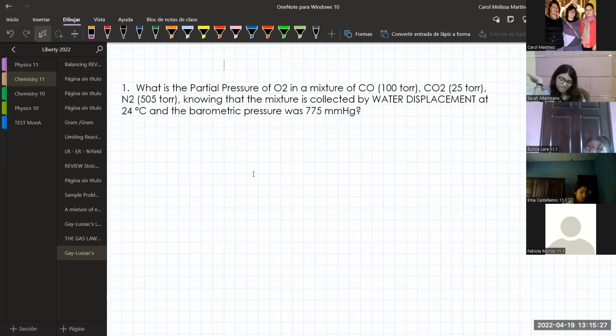Okay, in the table of water vapor pressure, tell me what is the pressure of water at 24 degrees Celsius in torr or in millimeters of mercury, please.